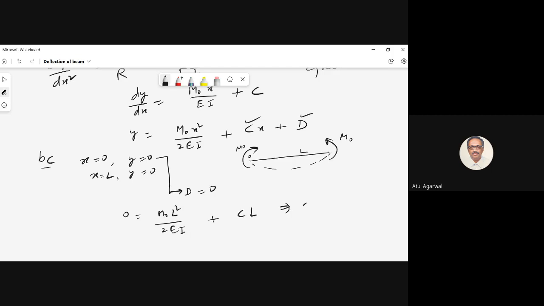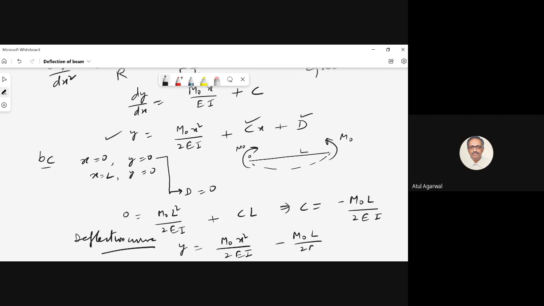So this implies c is equal to minus M naught L by 2EI. So what is our deflection curve? It becomes y is equal to M naught x square by 2EI minus M naught L by 2EI into x. This is our deflection curve.